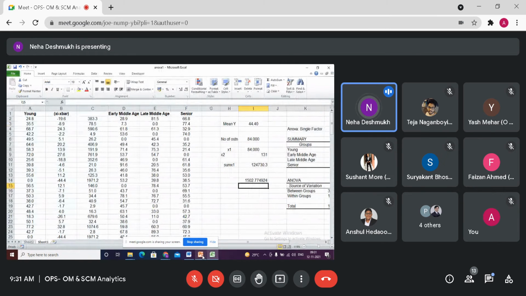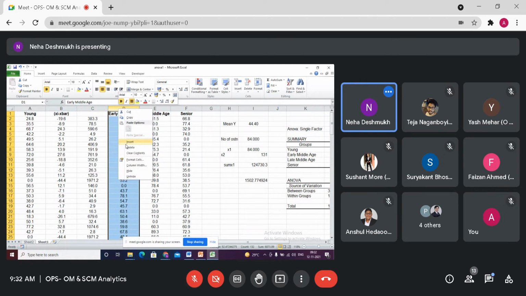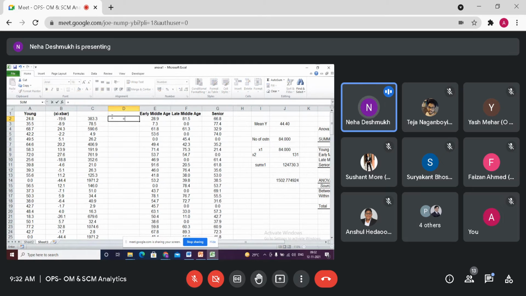What mistake did we make? X bar is 44, no? This is 822 X bar. Yes, it is correct. Class, what mistake did I make?